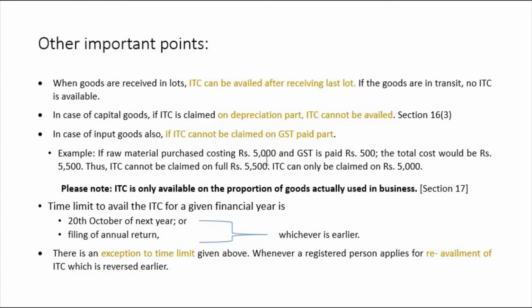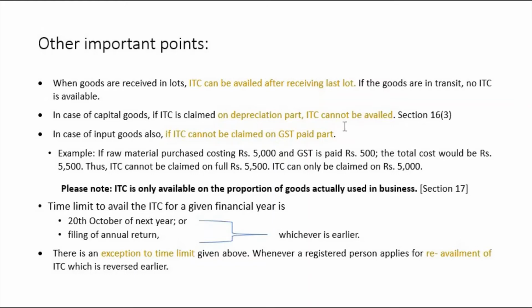Look at this. This is the part of the goods and this is the part of taxes. Total 5500, you cannot use this for the ITC. ITC is not available on 5500. You will have ITC only on 5000 rupees. Hope you are understanding this part, right?